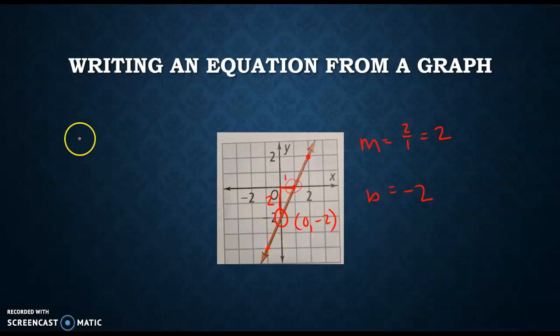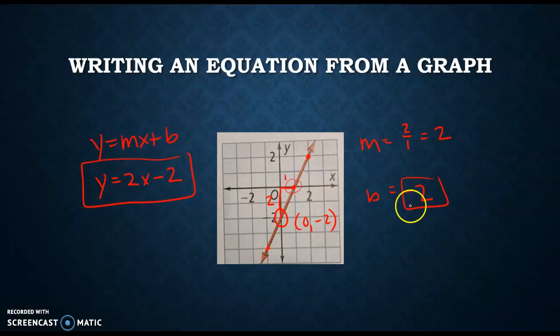Now I just plug into y equals mx plus b. So y equals, my m is 2x, my plus b is a -2, right? So I'm just going to make it -2. And then that's my equation. Why did I make it minus when this says plus b? Because a +(-2) is the same as -2.